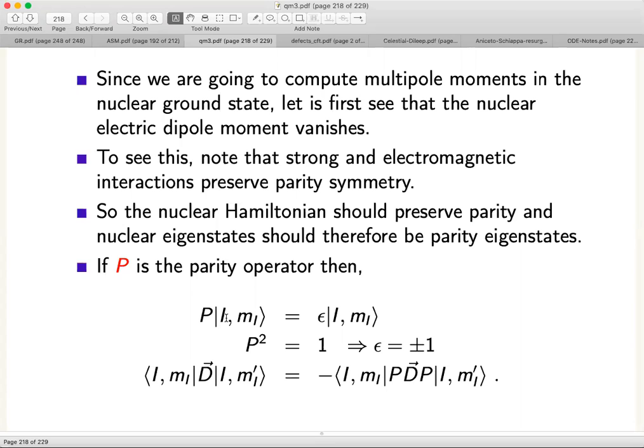Okay, so in this particular case, the parity of these states is determined only by the l quantum number and not m_l. Okay, so therefore, when you write down the matrix element of d to be minus the matrix element of PdP, then you can choose to act P on the states now, because when P acts on d, we know that it will just flip sign.